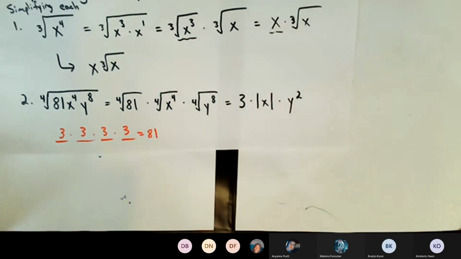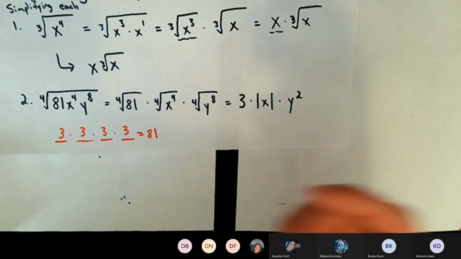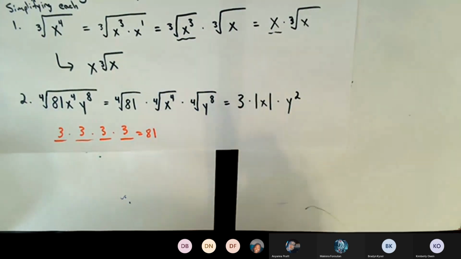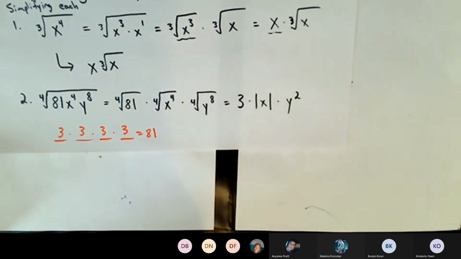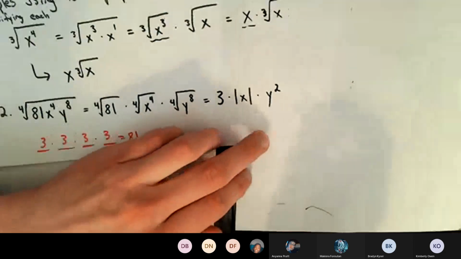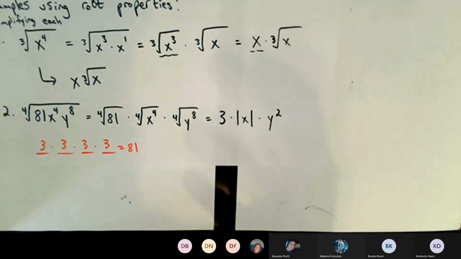But for now, hopefully your intuition is telling you if it takes 4 y's to get out, but I have 8, well, that's 2 groups of 4, so it's y squared. Good. Now, do I need absolute values around this? No, I don't, because this exponent here is even, which absorbs any negatives.